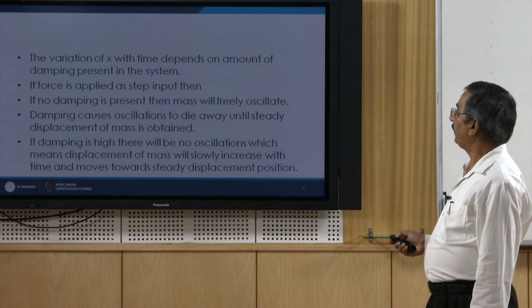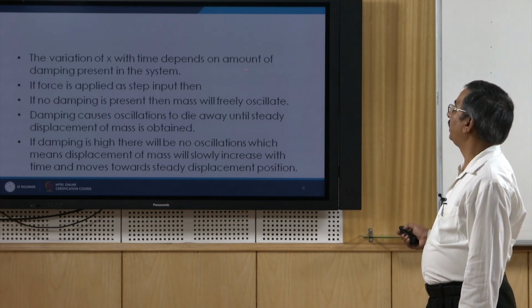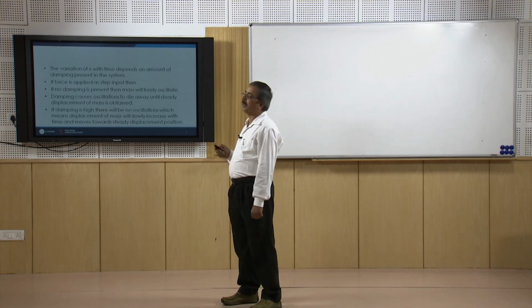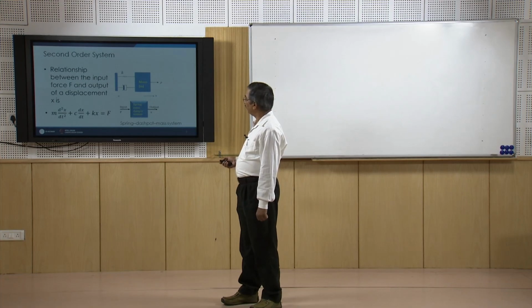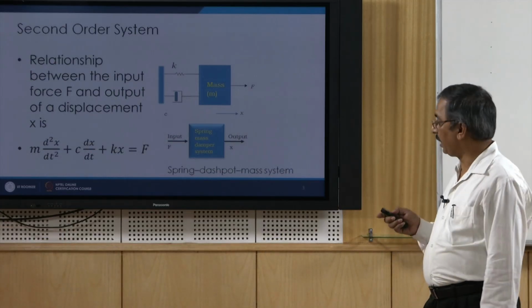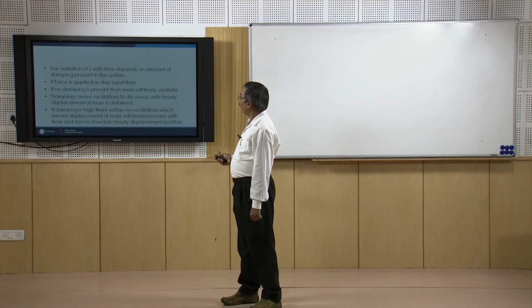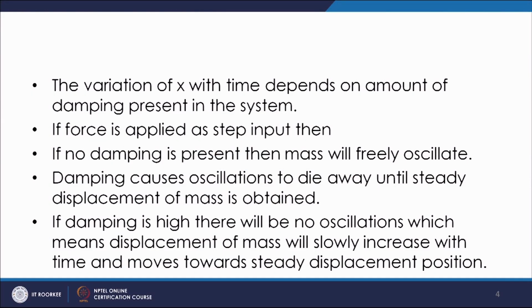Now, the variation of x with time depends on the amount of damping present in the system, as we have the damping term coming here. If force is applied as a step input and no damping is present, then the mass will freely oscillate, and damping causes the oscillations to die away until a steady displacement of the mass is obtained.